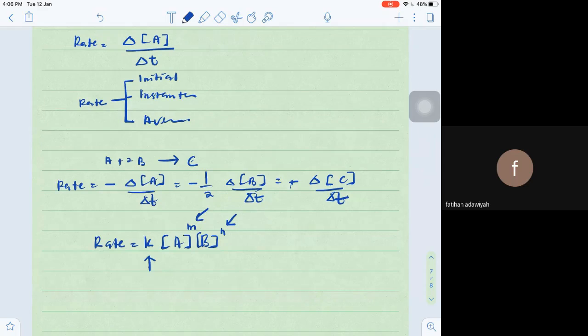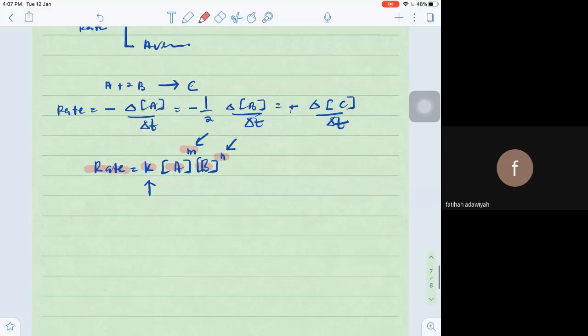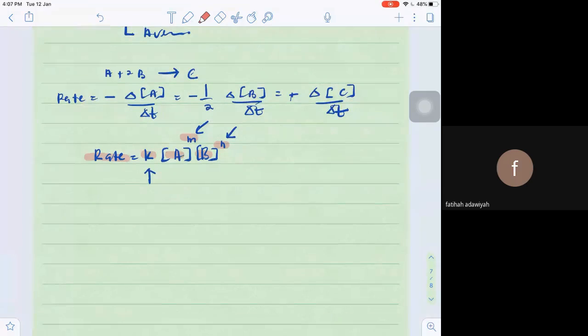If you know the order of all reactants, you also can calculate the rate constant. And if you are given two new concentrations of A and B, you can use the data to predict what is the new rate without doing that experiment. And then after the rate law, we discuss on the integrated equation.